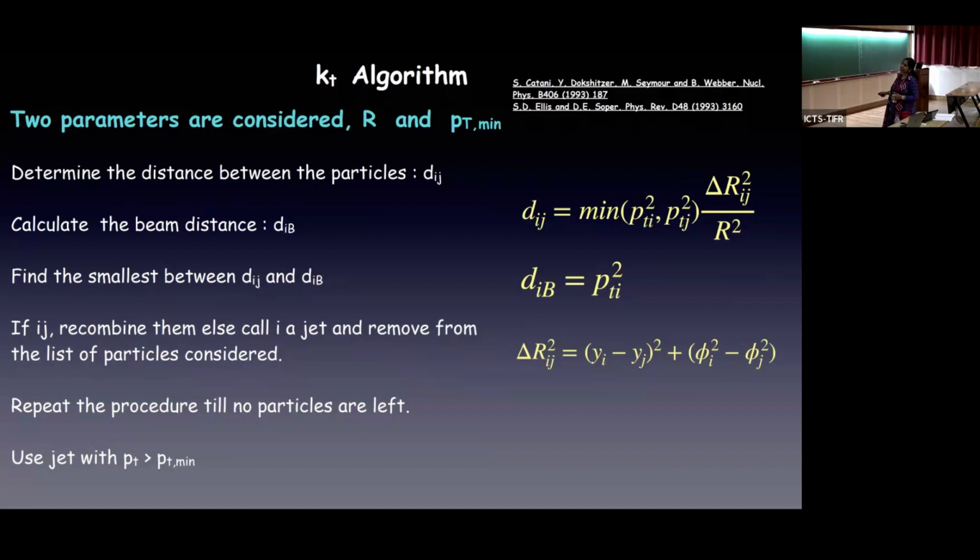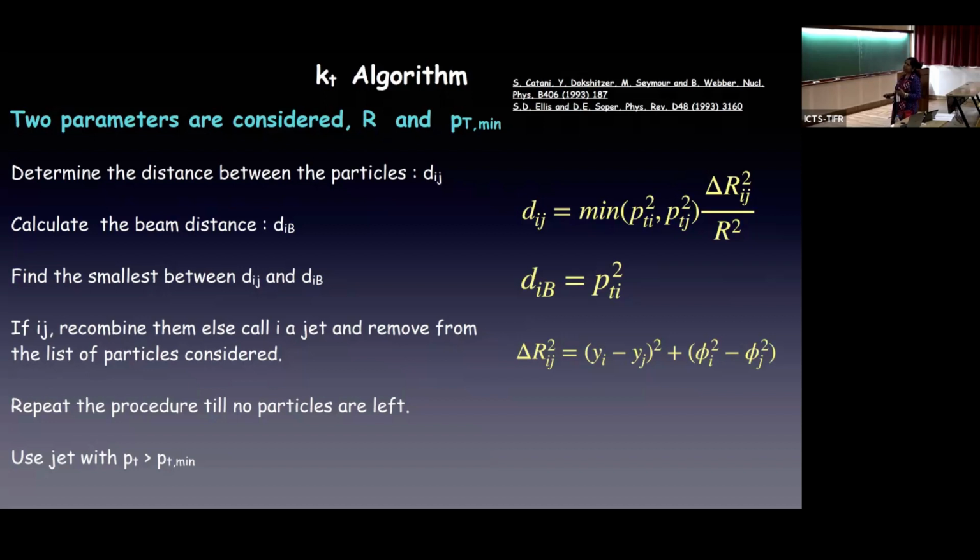Now if you find dij to be the smallest distance, then combine the two particles i and j within that cluster to give you the total jet momentum, and then you treat that object, which has the total momentum of the ith and jth particle, as another particle, and again do the same thing.